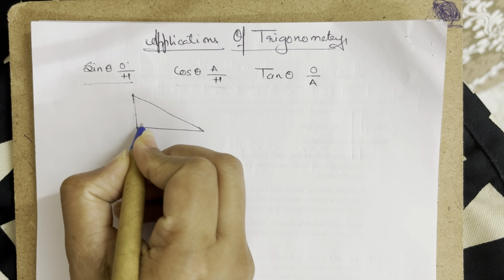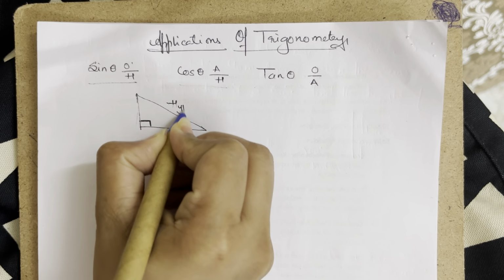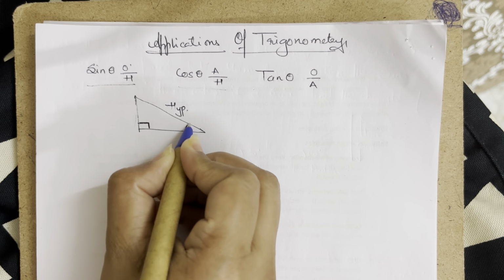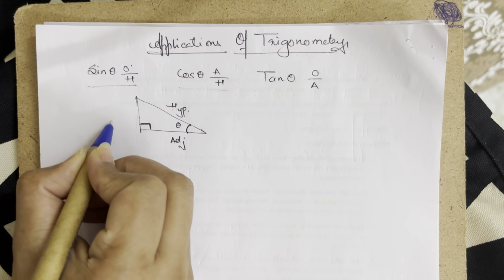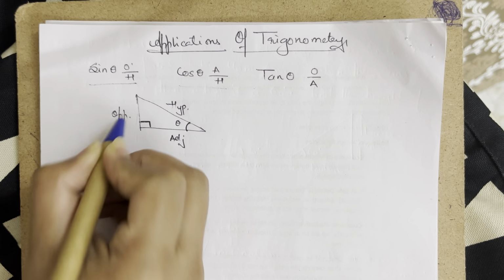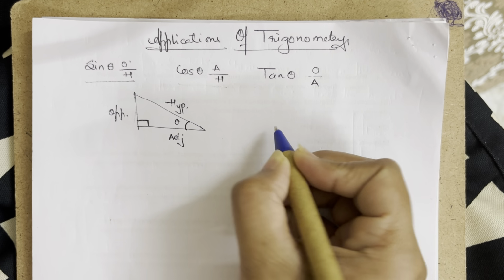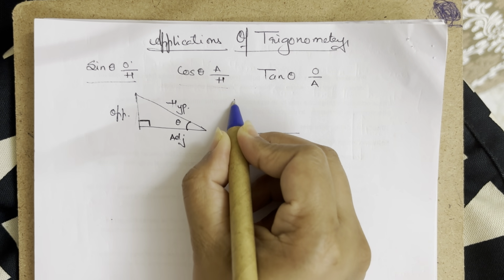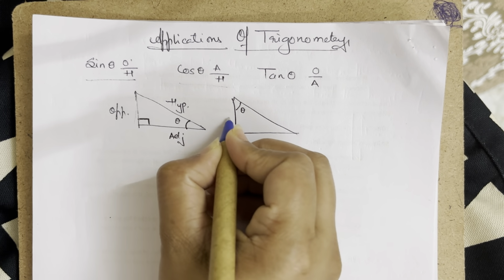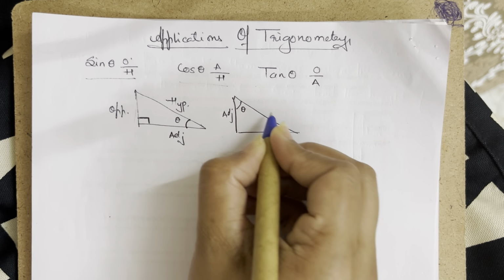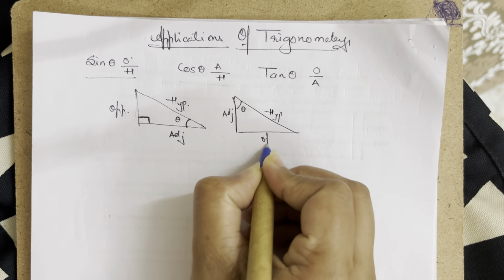So in this right angle triangle, this becomes the hypotenuse, and if the angle is here theta, this is called the adjacent and this will be called the opposite, is what we know. But if I draw the same figure and take my angle onto this side here theta, then this becomes my adjacent, this stays as my hypotenuse, and this goes as my opposite.